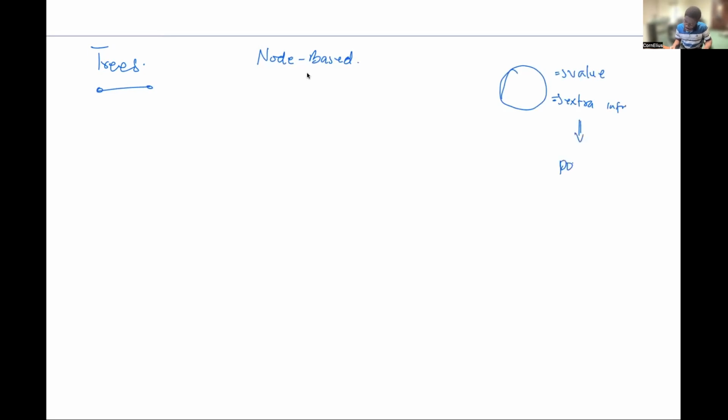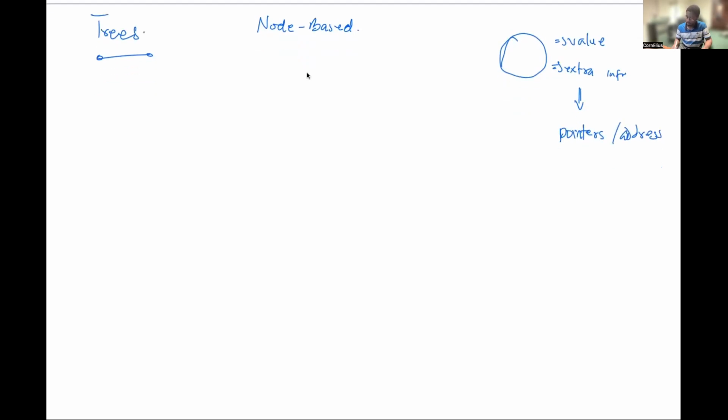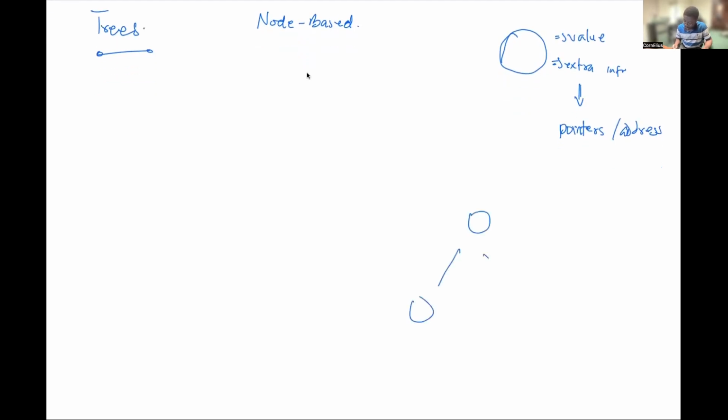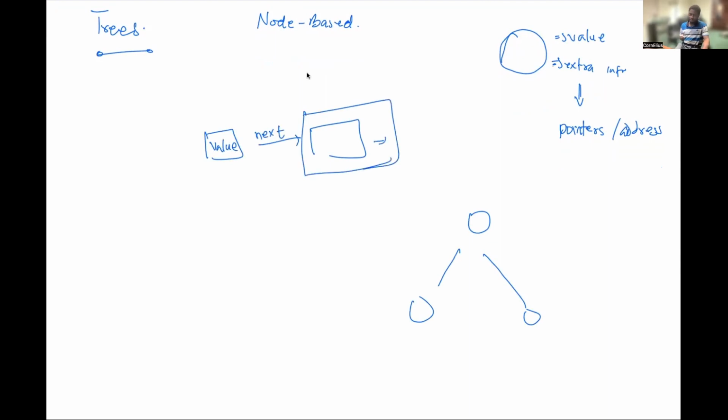They contain addresses of other nodes. So we can use the linked list: you have the linked list like this, the value can be here, and that pointer for a linked list is what we call the next pointer. The next pointer simply points to the address of this other node in memory. So that's what node-based data structures are.